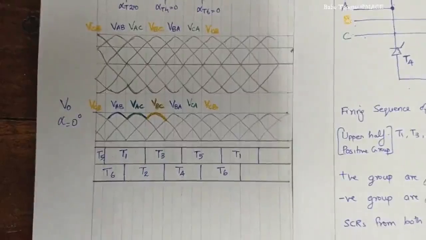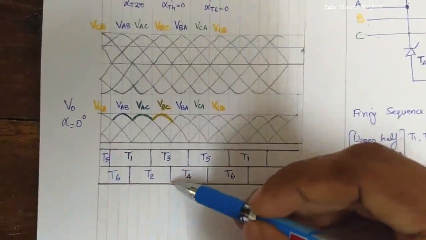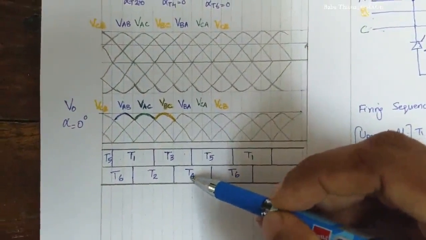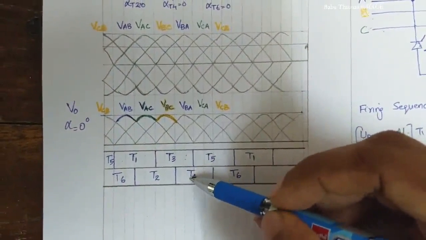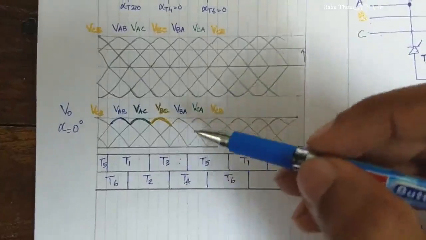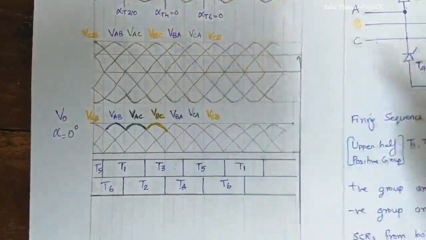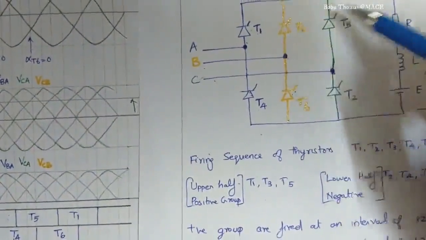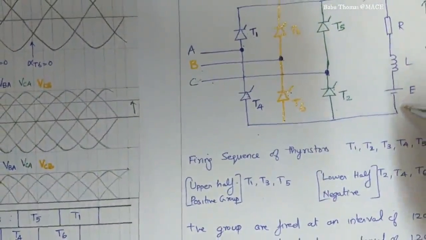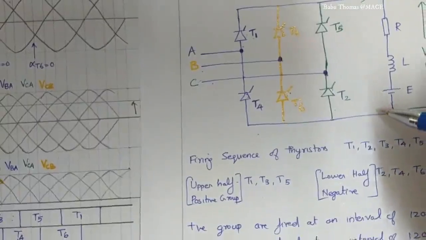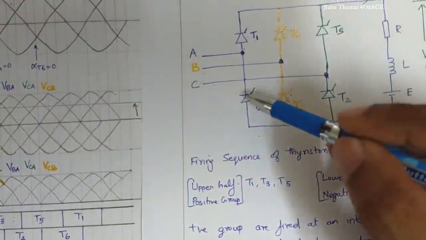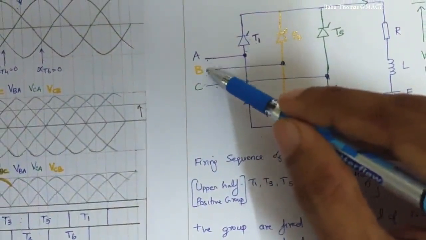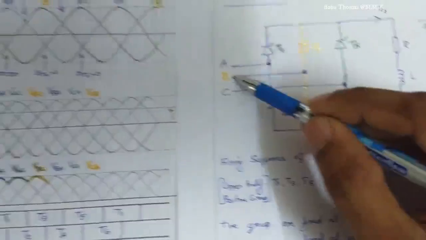Now again T4 comes into picture. Now T3 and T4 are conducting. When T3 and T4 are conducting, the current flow will be from point B, T3, RLE, T4 back to A. So the voltage which comes into picture is nothing but VBA.